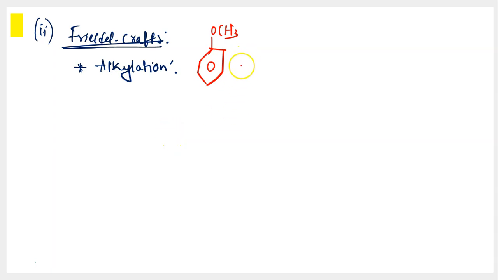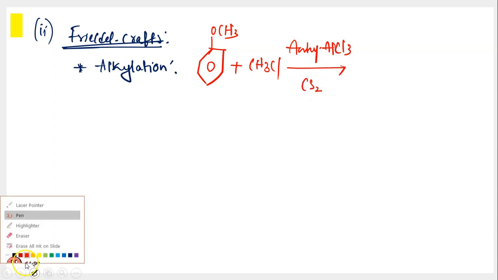Okay. So here you go with the same molecule that we have taken in the last example, last type of reaction, which is anisole. You might also call it as aryl alkyl ether, and you are treating this with the CH3Cl methyl chloride in presence of anhydrous AlCl3. And you're also using carbon disulfide over here.